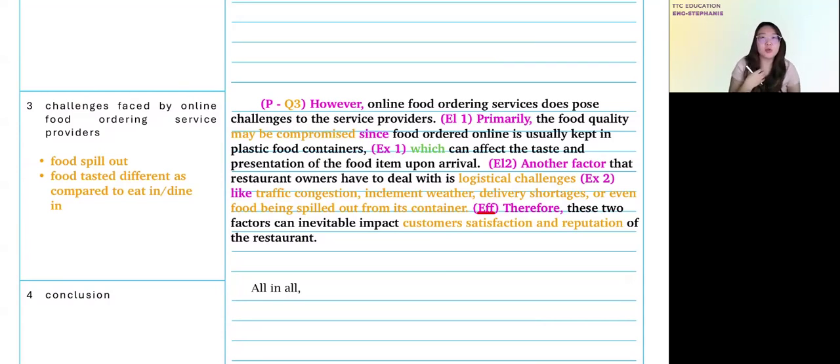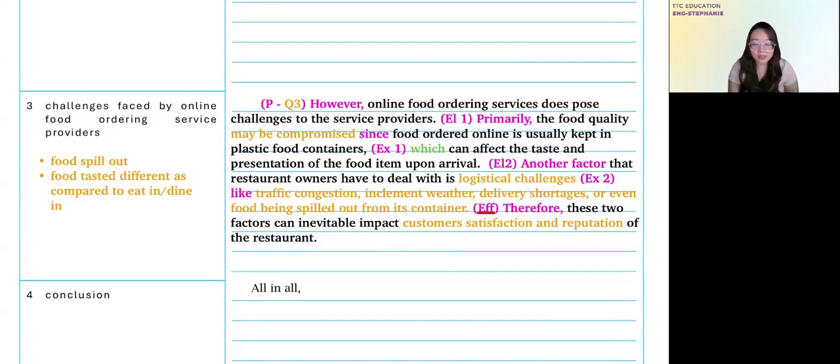So all this will have an impact on customer satisfaction, because they're like, this is not what I ordered, or why is it so slow? I'm hungry, hence I ordered the food. Why are you so slow? Or, why is it spilled out? How can I still eat it? Things like that. So this will affect the satisfaction and reputation of the restaurant.